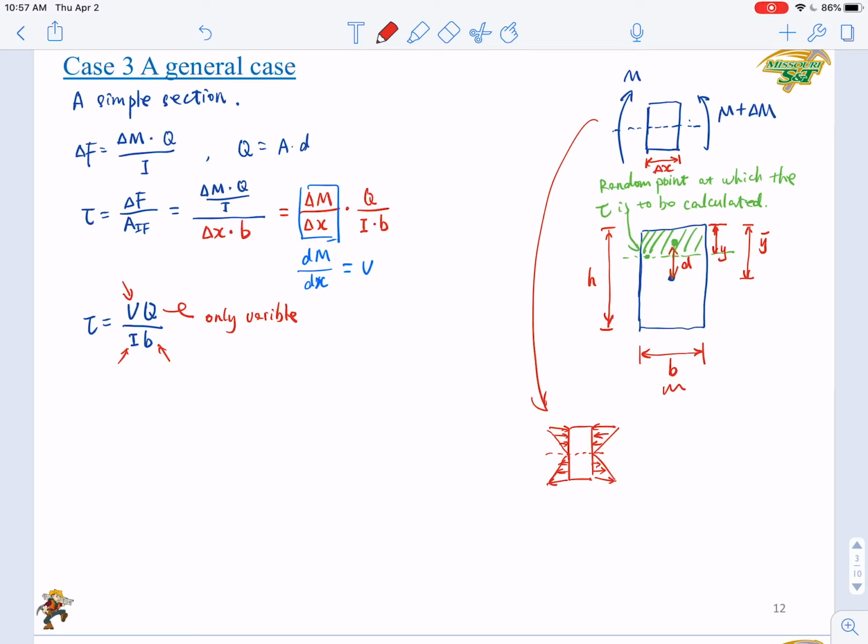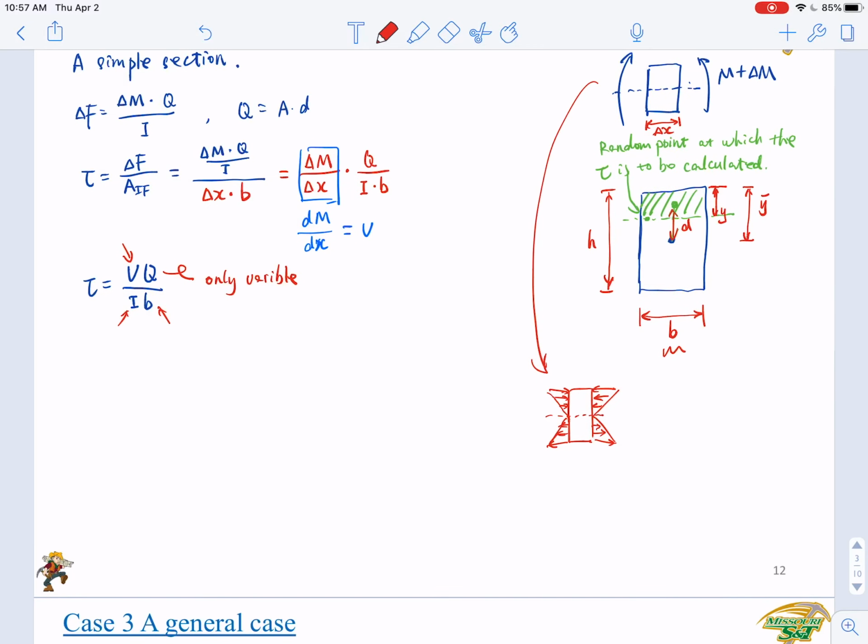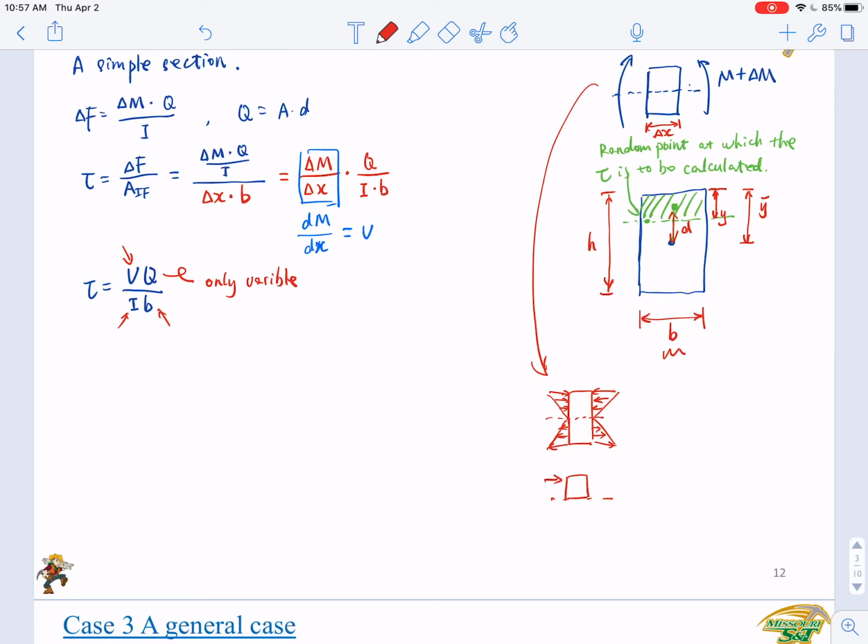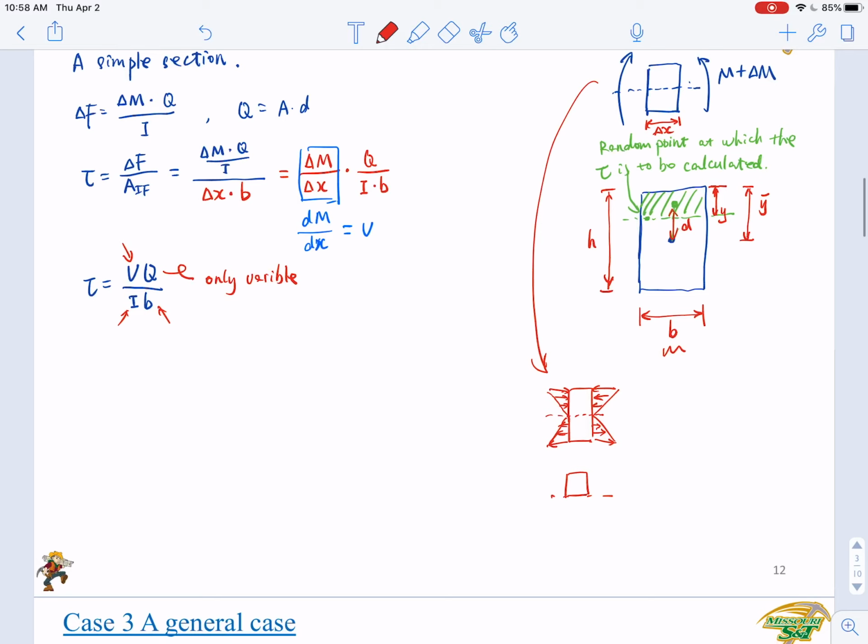So above the neutral line, since the force on the right-hand side is always larger than the left-hand side, the equivalent force will be F1, and on the right is F1 plus delta F1.